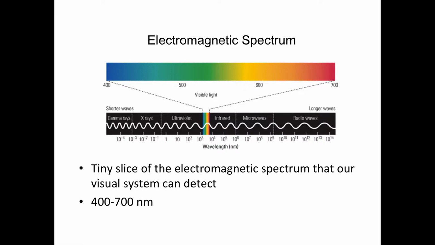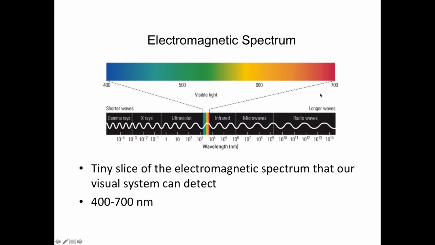Okay, so we briefly talked about this picture before, but I just want to go over it again. There's only a slice of electromagnetic energy that is visible to the human eye, and it lies within a very narrow range. This range is from about 400 nanometers, which is the color violet or purple-ish color, and we can see all the way up to 700 nanometers, which we see as red.